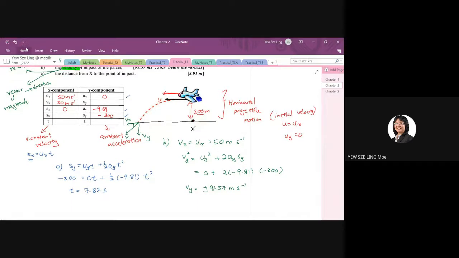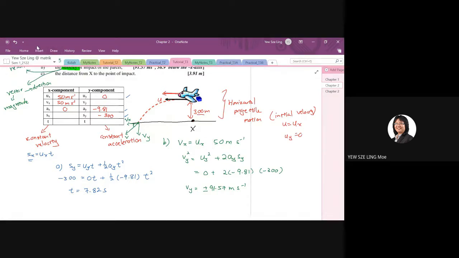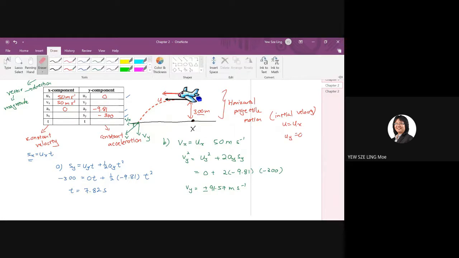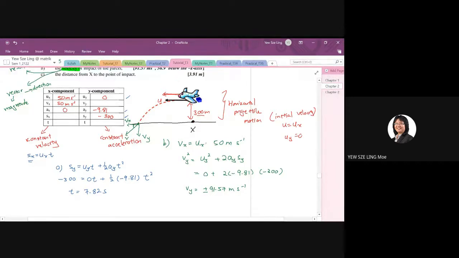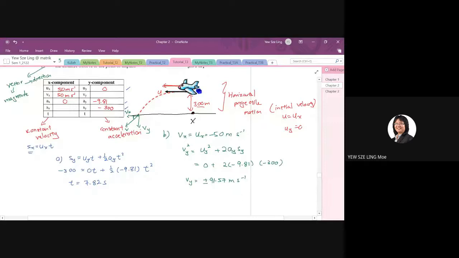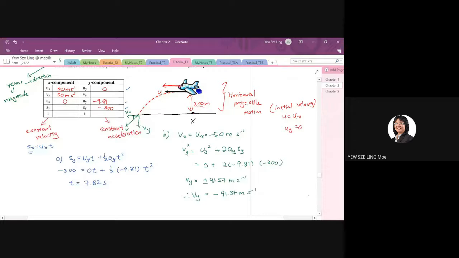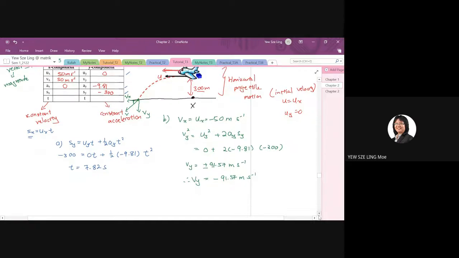So let us add a negative in the information just now. So Ux equals negative 50. Vy, based on the diagram, is also a negative value. Now that I have Vx, I have Vy, I can then proceed to the resultant vector.